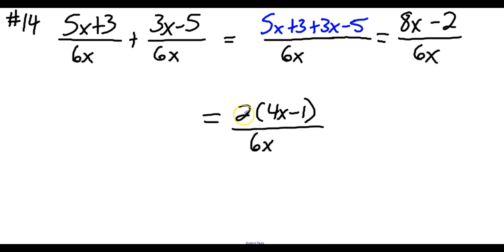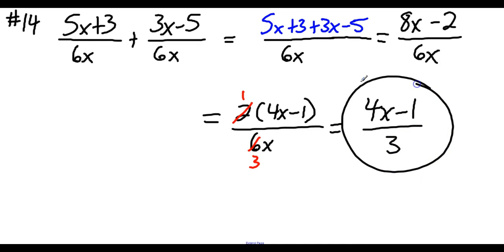And now that you've got the 2 and the 6 on the outside, you can go back and cancel those, because 2 will go into 2 one time, 2 will go into 6 3 times. So you've got 1 times 4x minus 1, which means it's just 4x minus 1. And a 3 on the bottom. Oh, sorry, thank you, 3x.